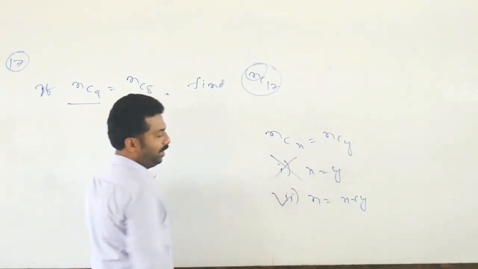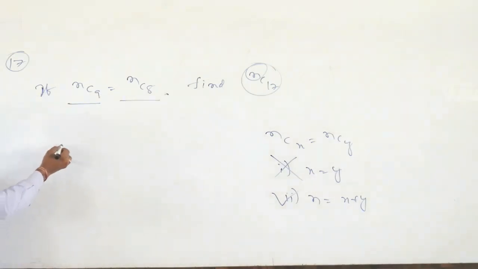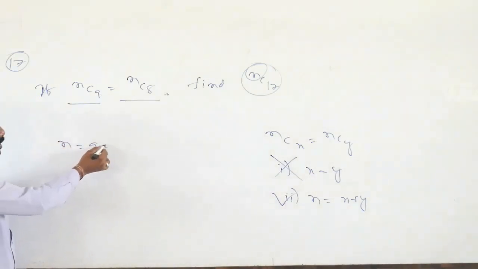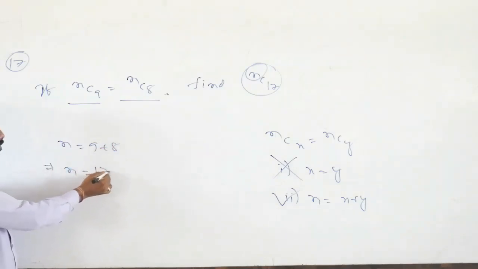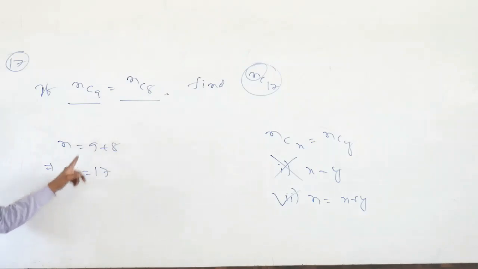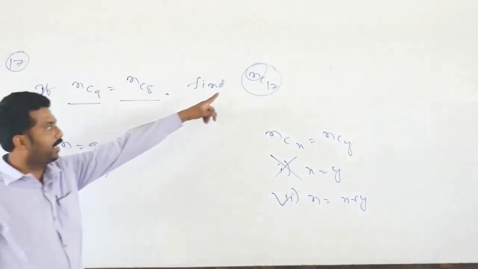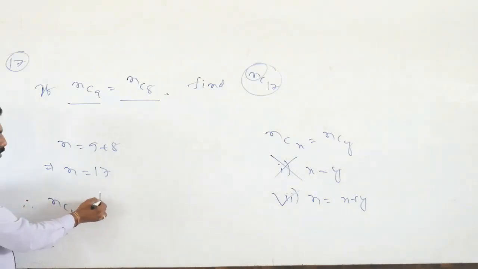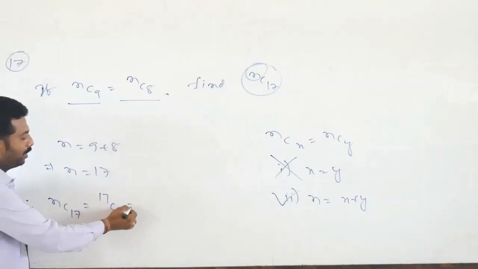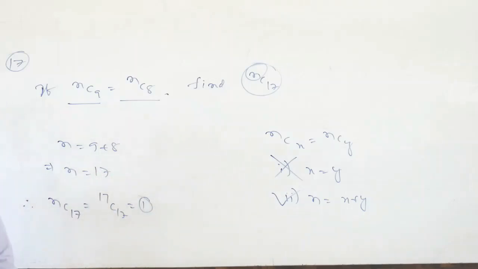The second one must be positive, so n is equal to 9 plus 8, that is n equal to 17. What they are asking is nC17, so 17C17 is nothing but 1. So 1 is the answer.